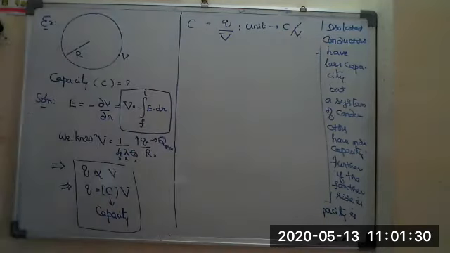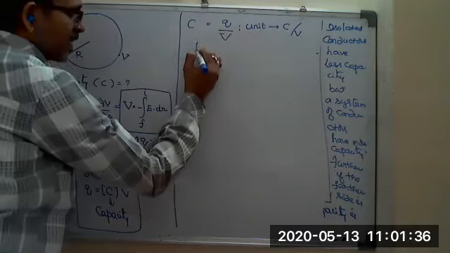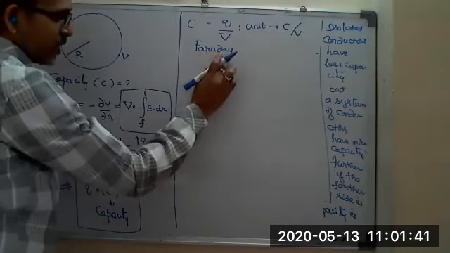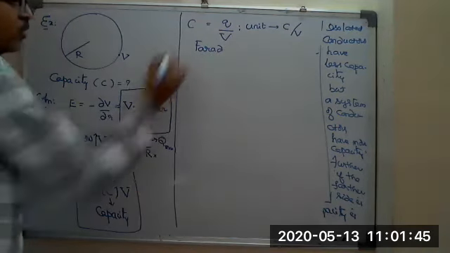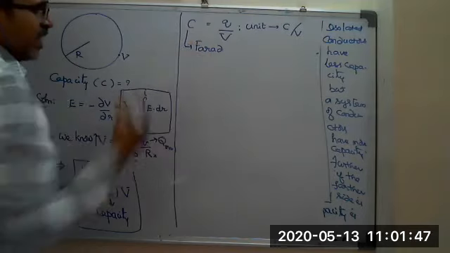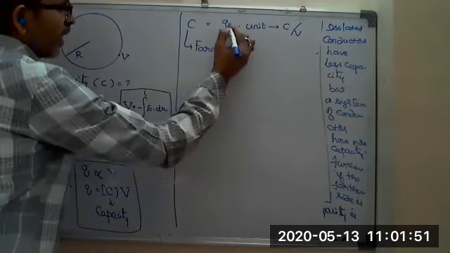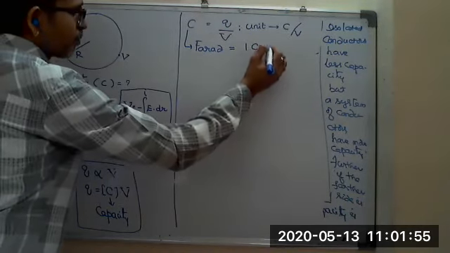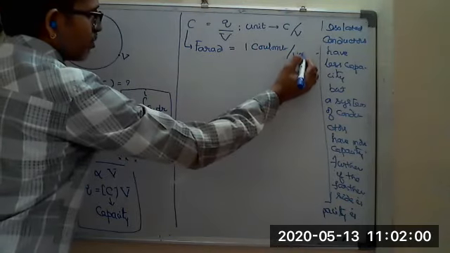That is actually the unit of capacity. So here coulomb per volt was named after the scientist Farad, not Faraday. Faraday is the chemistry unit. So Farad, scientist name. Okay. So the capacity unit we are taking as farad. So 1 farad is equal to, I write according to the formula, 1 coulomb per 1 volt.